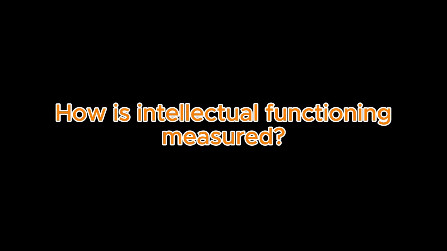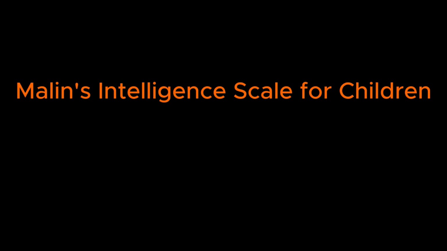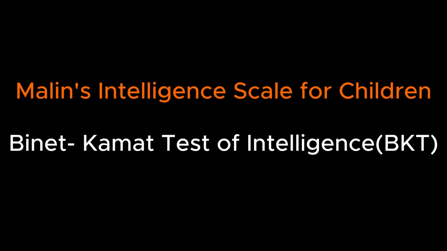How intellectual functioning is measured. Clinically and educationally, intellectual functioning is assessed using standardized intelligence tests, or the so-called IQ tests, such as Malin's Intelligence Scale for Children or the Binet-Kamat Test of Intelligence, administered by trained professionals such as psychologists. The general population average IQ score is 100.